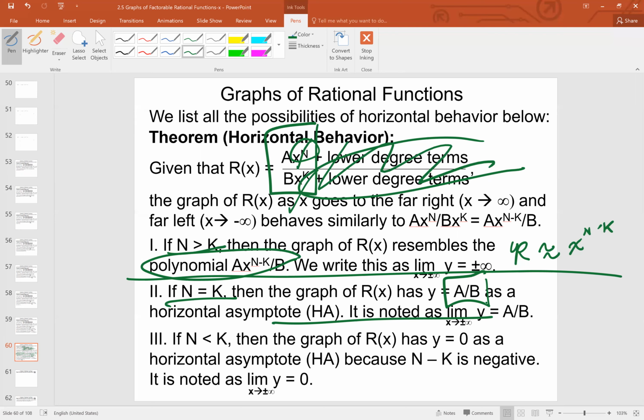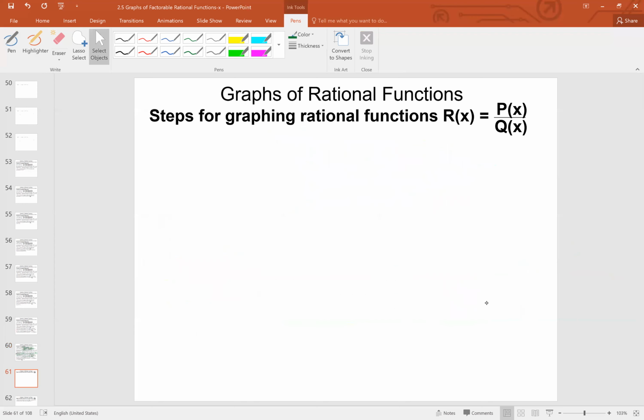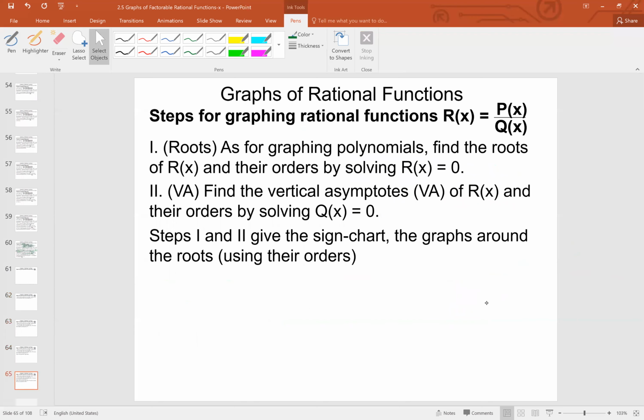Then the other case is when the bottom has a bigger degree. Then when x becomes very large, this line actually becomes the x-axis, because for large x, 1 divided by large x is very close to 0. But this is what's happening outside.